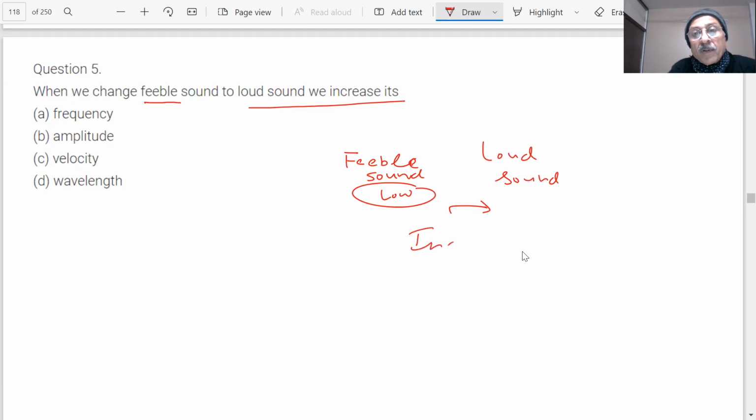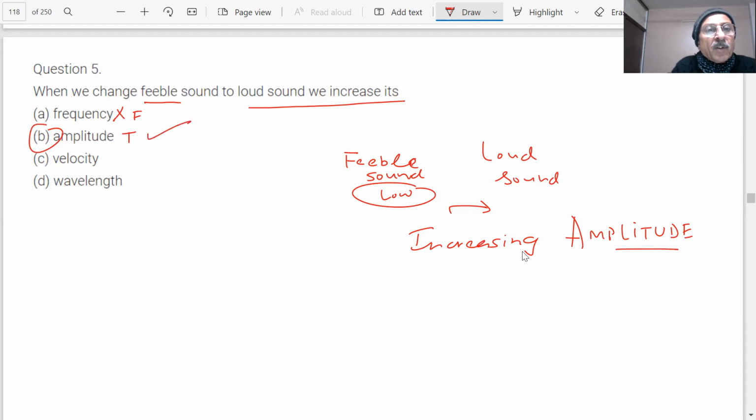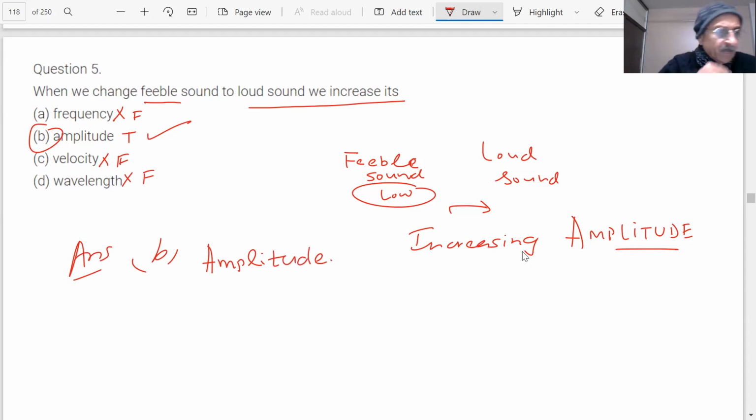Amplitude. As the amplitude increases, the sound will become louder. Frequency false, amplitude true, velocity false, wavelength false. So the correct answer is B, amplitude. All right, we drew certain waves for that also, since we have seen it.